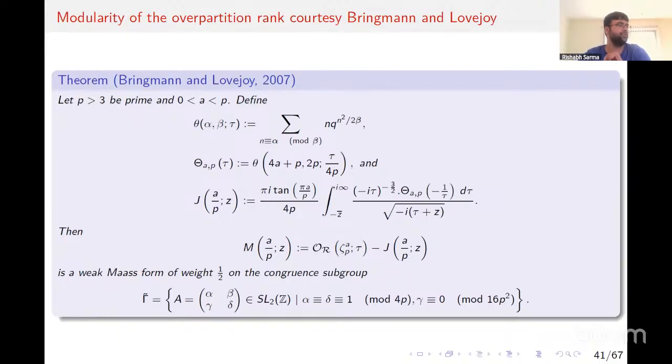Right, I think this is the result that I'm talking about. I have a feeling that the work they have done is not just for a prime.